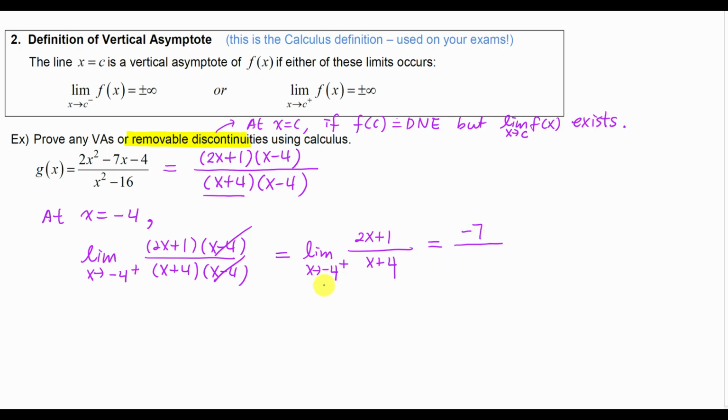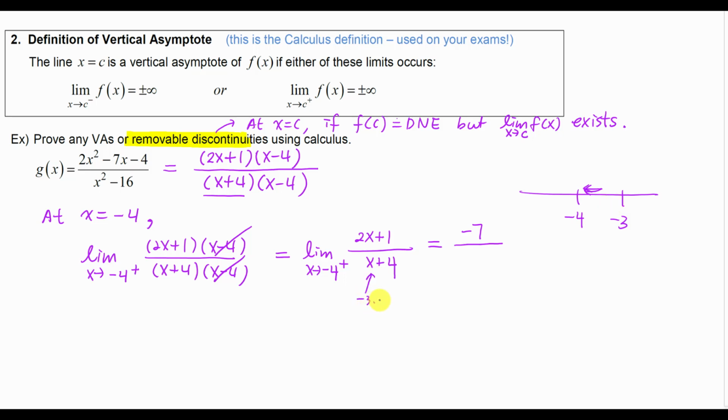X now approaches negative 4 from the right. Negative 4 plus 4 will get closer to 0, but because negative 4 is here, and this is where negative 3 is, if you go from the right, this number will be a number close to negative 4 that's coming from the right.